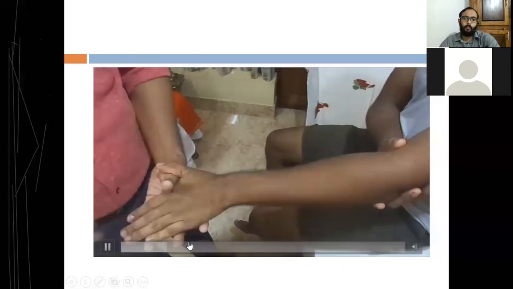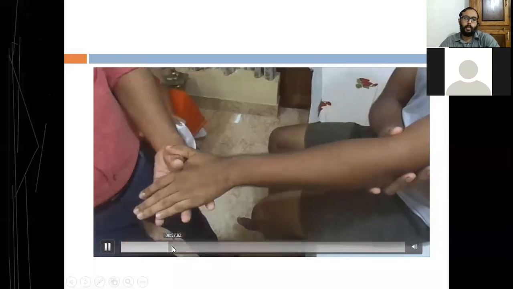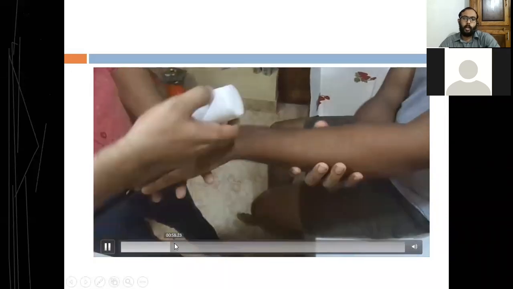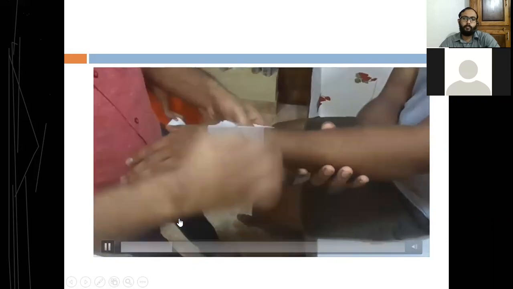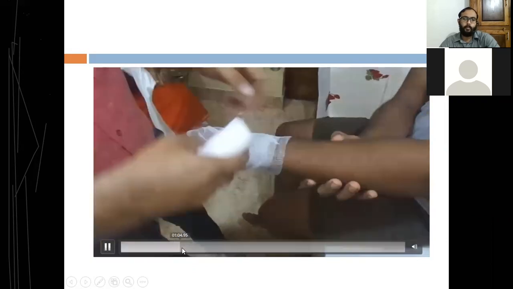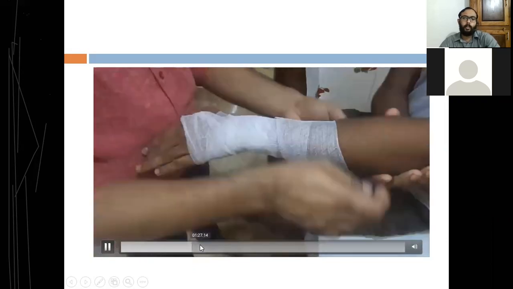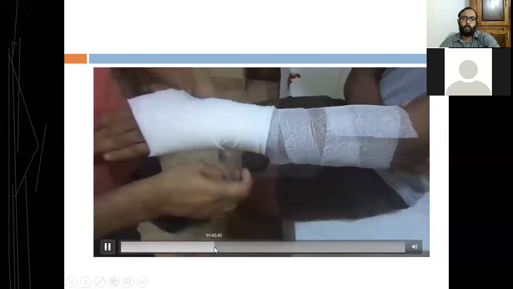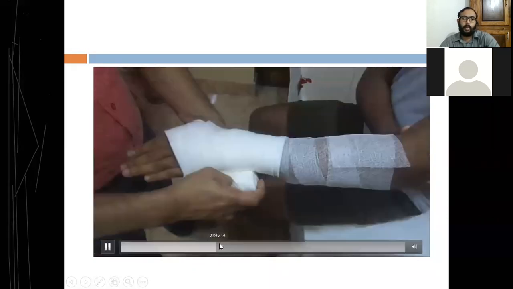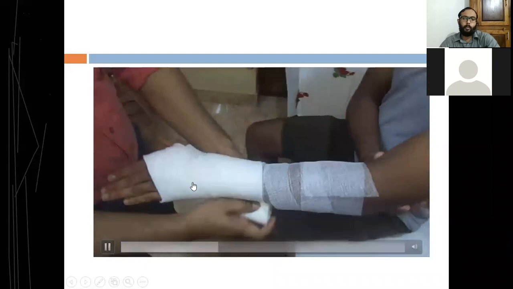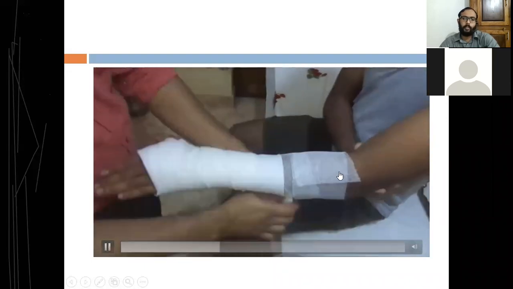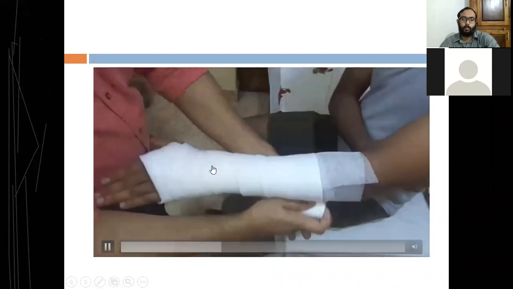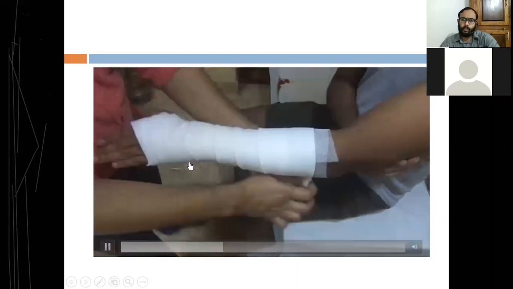Coming to Anuvelida Bandha, in Anuvelida Bandha we are applying a gauze initially, and then we are applying compressed cotton. Regarding compressed cotton, over the proximal area and distal area, 3 turns are needed. Over the bony points also, 3 circular turns are needed.